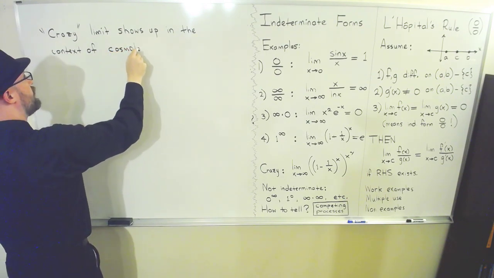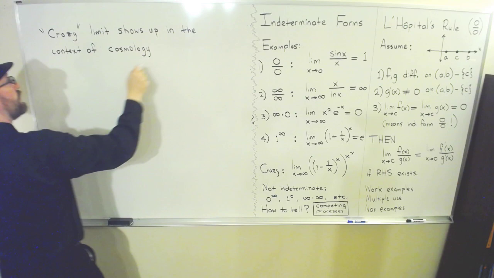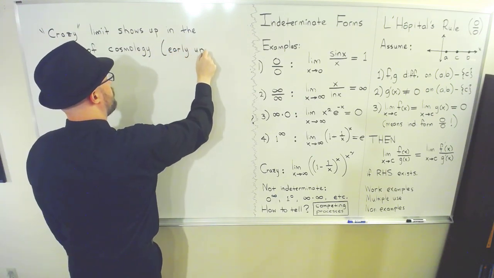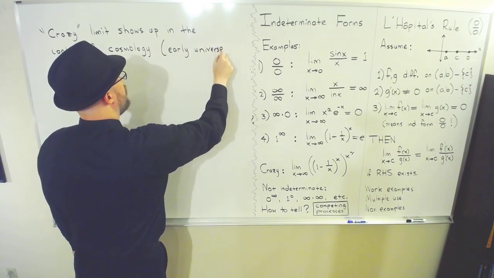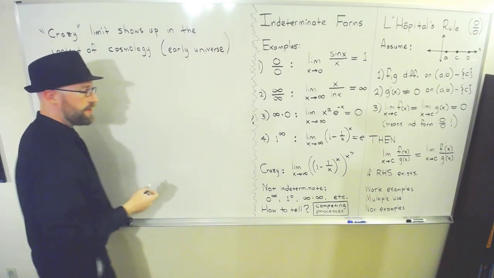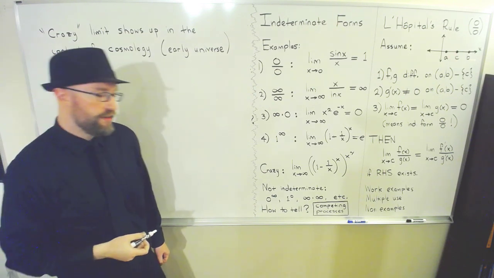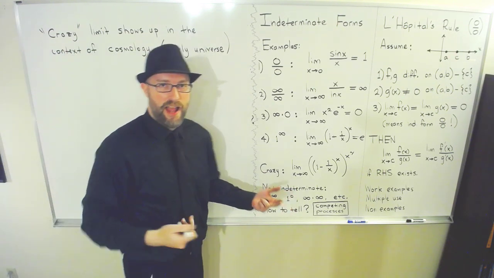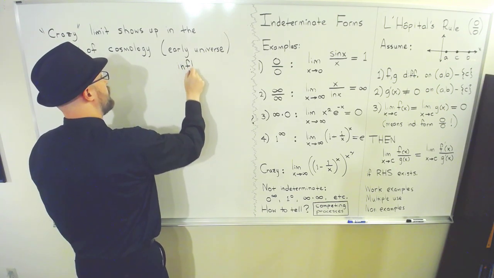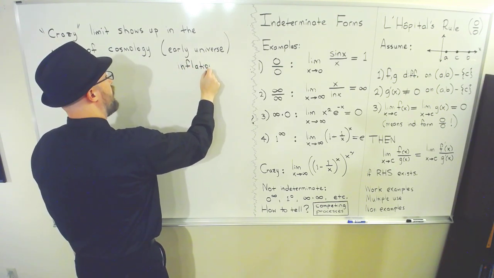This is the cosmology of the early universe. There was supposedly this phase in the early part of the universe called the inflationary epoch, where space-time expanded very rapidly over a short period of time.